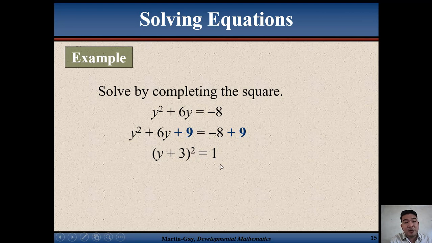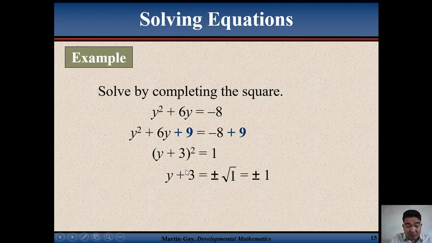And then we go back to the square root property, the first method of solving quadratic equations. We extract the square root of both sides of the equation. So you will have y plus 3 equals the square root of 1, which is plus or minus 1.